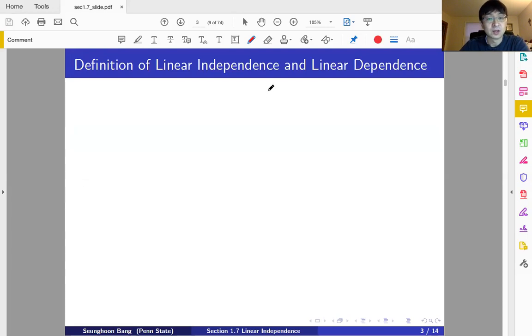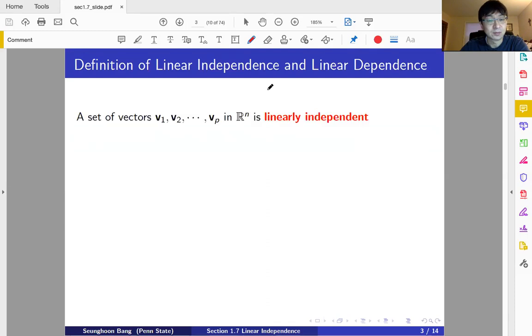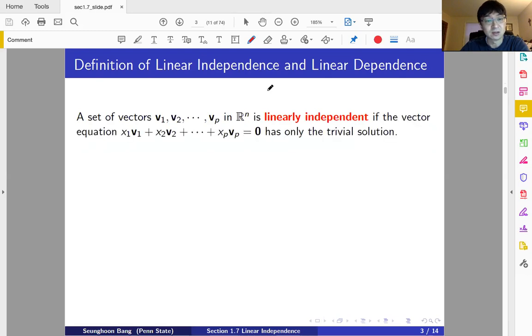The first one: the definition of linear independence and linear dependence. A set of vectors v1, v2, till vp in Rn is linearly independent if the vector equation x1 v1 plus x2 v2 plus xp vp equals 0 has only the trivial solution.